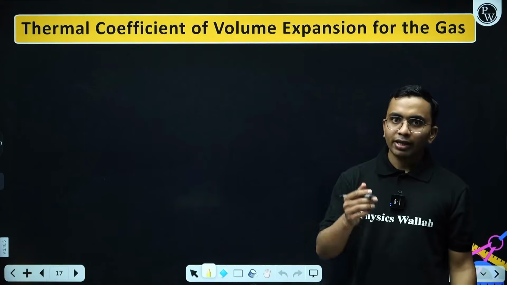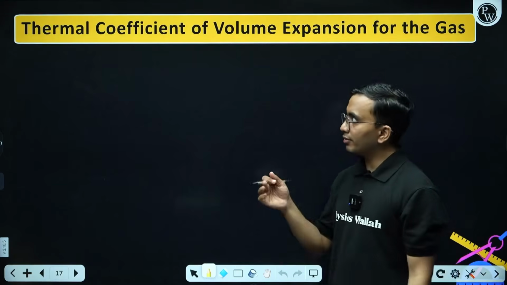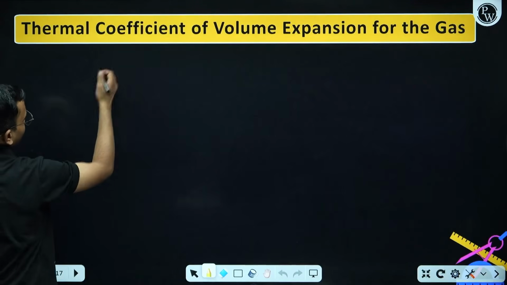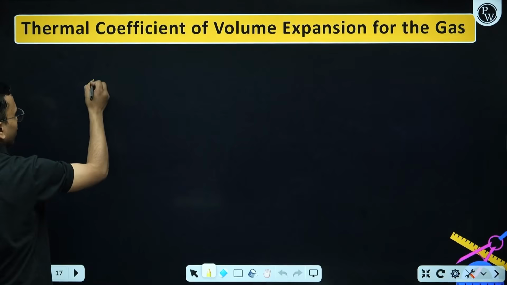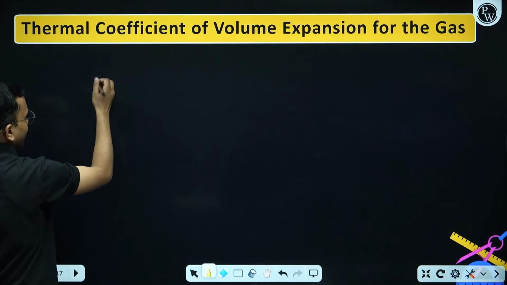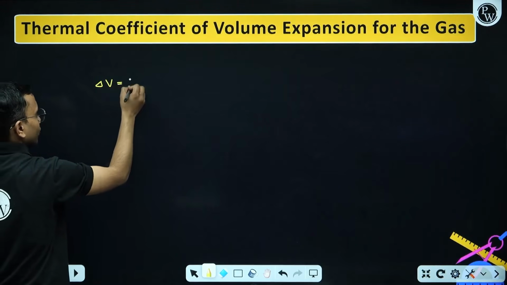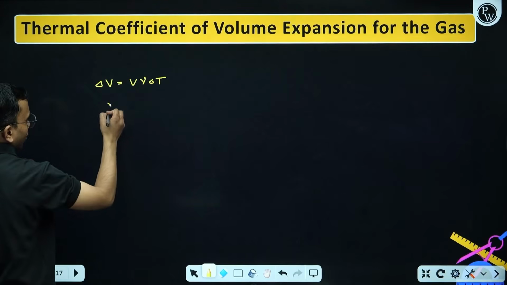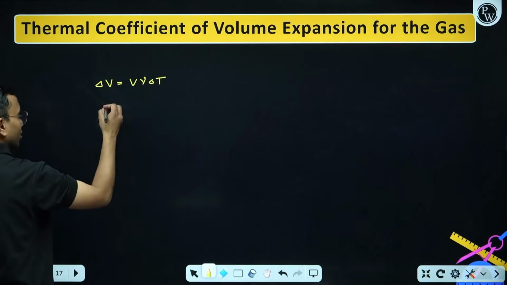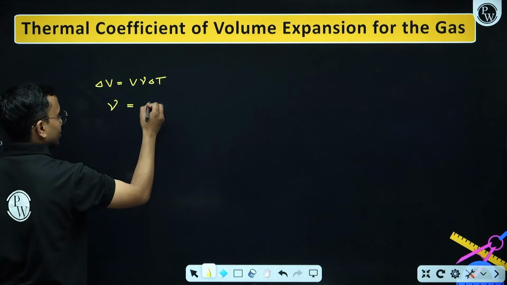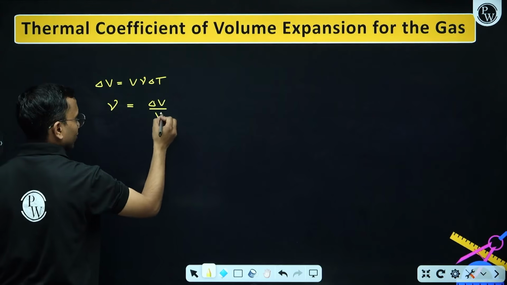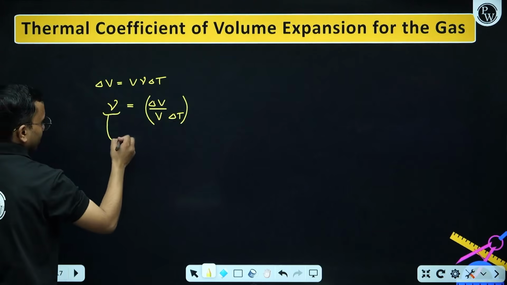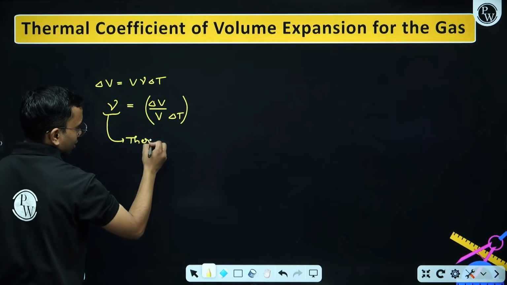Now if for a particular gas we have to find the thermal coefficient of expansion, how can we find it? The thermal coefficient of volume expansion basically relates the change in volume with the volume as delta V is equal to V into gamma into delta T. We call this gamma the thermal coefficient of volume expansion, and that is delta V divided by V delta T. So this is basically our thermal coefficient of volume expansion.